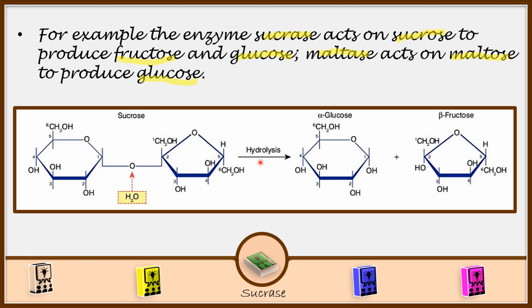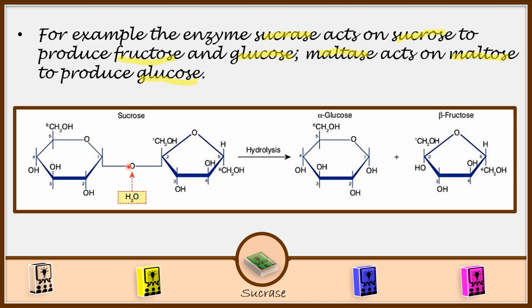So to speed up the hydrolysis process, we are going to use an enzyme, sucrase. Sucrase is the one which is going to bind the sucrose and speed up the hydrolysis process. When water is provided, it's going to break the 1,2 glycosidic bond, and we shall add in the water molecule there.